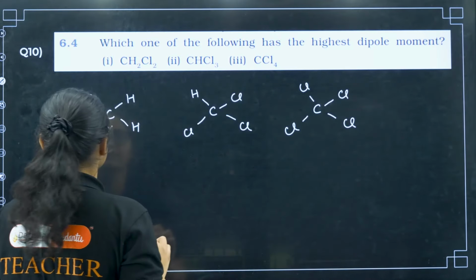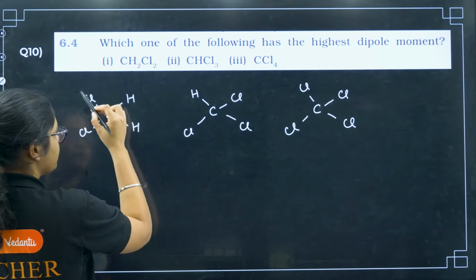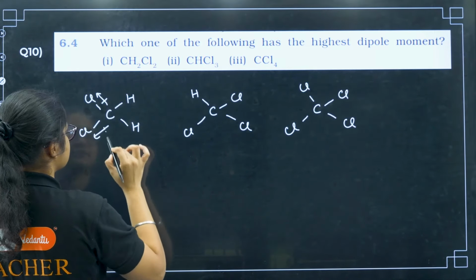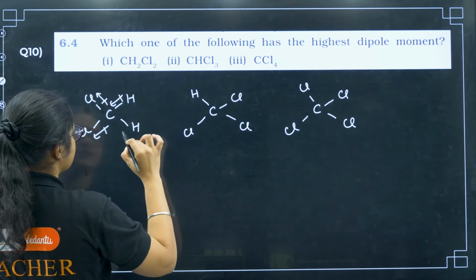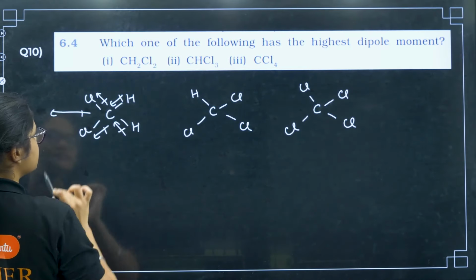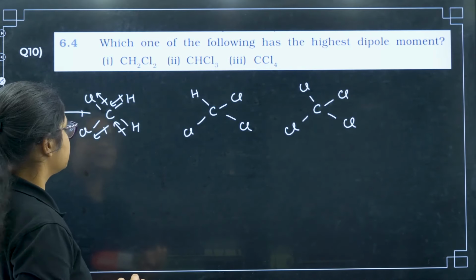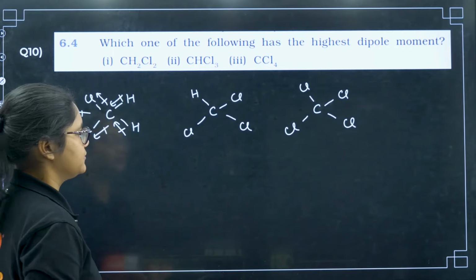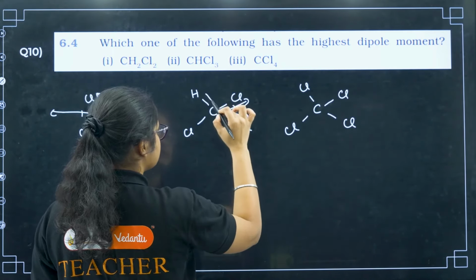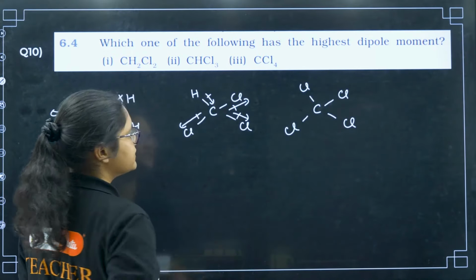Now if you see, dipole moment means what? Towards the more electronegative atom. So this dipole moment is in this direction, this is in this direction, this is in this direction, and this is in this direction. So there is a net dipole moment towards this direction. Now here, this is in this direction, this is in this direction, this is in this direction, but this is in the opposite direction.